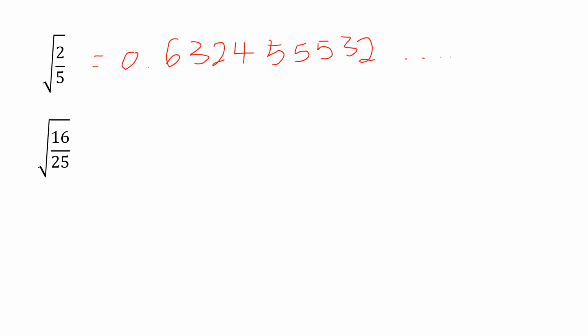It's supposed to be an irrational number. However, you check the other one, square root of 16 over 25, where you will get 4 over 5. So it is in the form of p over q. It is a rational number. So you can see that this is a difference. I hope that you get an idea about rational numbers.